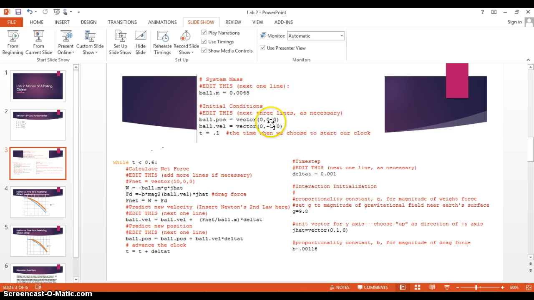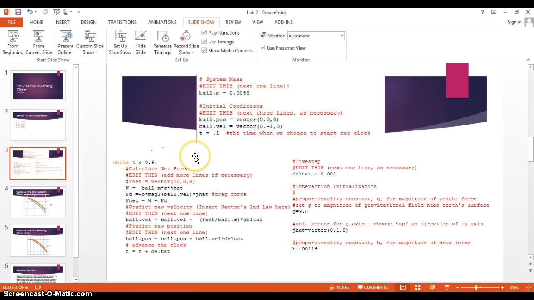In this block of code, I set g to 9.8 meters per second squared, and the direction of motion to the positive y direction. The proportionality constant I set to 0.00116 after some experimentation. And here is the main chunk of code that models the motion.